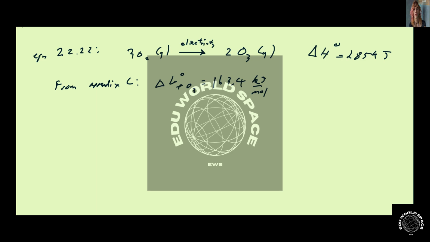Now, in this reaction, we're forming 2 moles, so we're going to have to multiply this by 2. But we'll be doing that later. So we've got our free energy change. And now we need a relationship between the free energy change and the equilibrium constant.